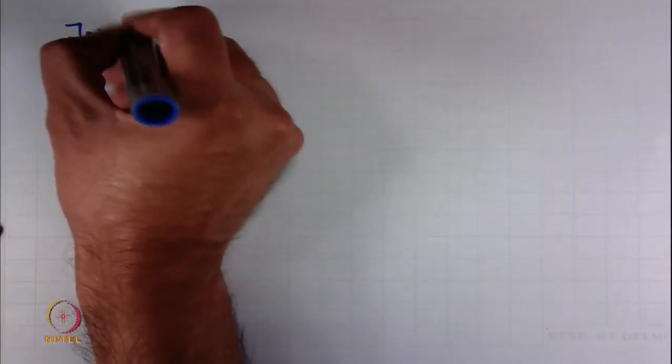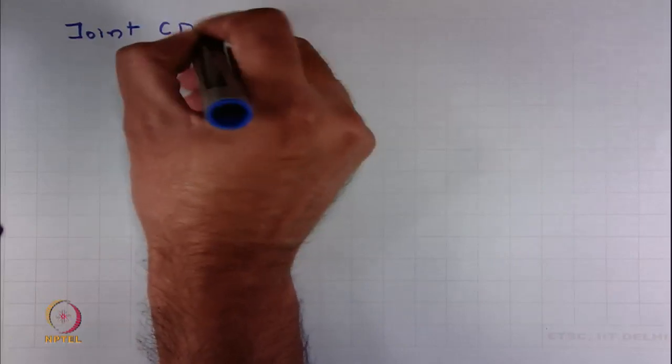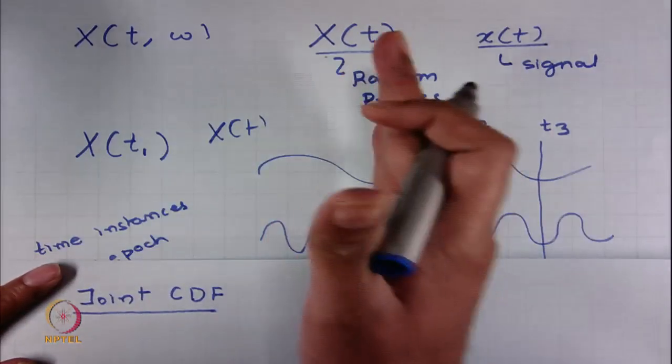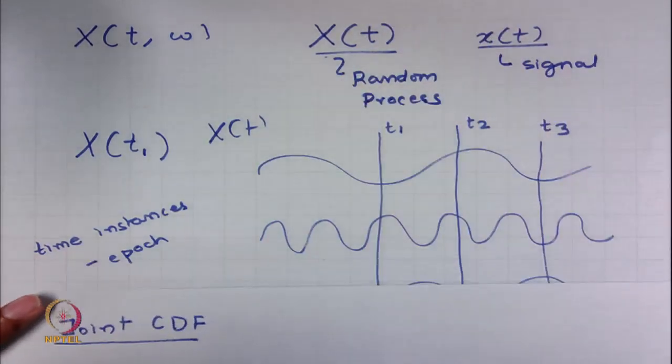Now, as we have already learned about the joint CDF, we can construct a joint cumulative distribution function also in this case. So, let us assume that I have collected 3 random variables.